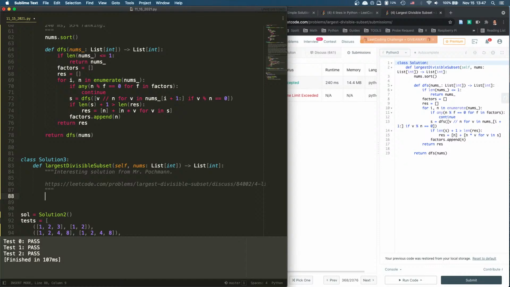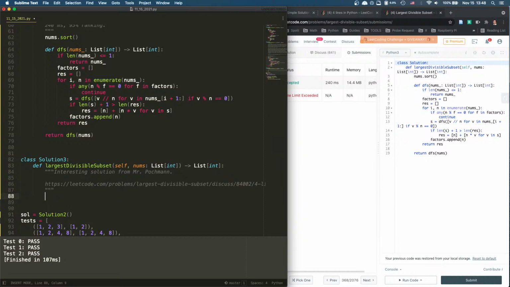What do we need to do? Why do we use a set? We don't need to use a set. We can just use the list. So I'll say a map.